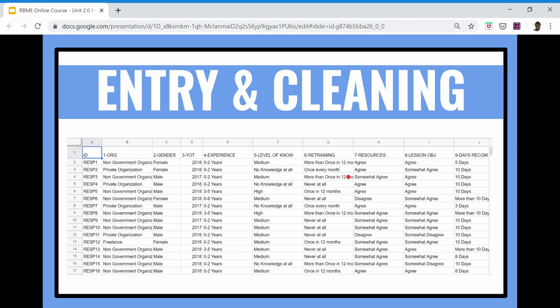It's very important so that during data entry you don't keep going back and changing the instrument or feeling like, oh, I haven't captured the right kind of variable that I needed.